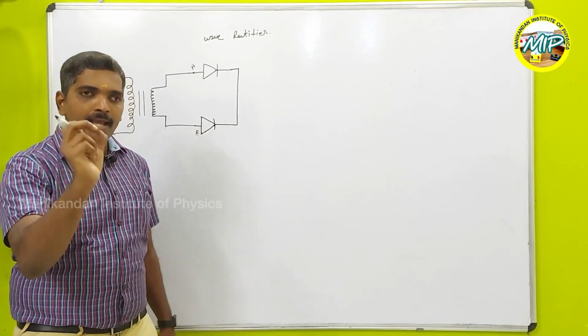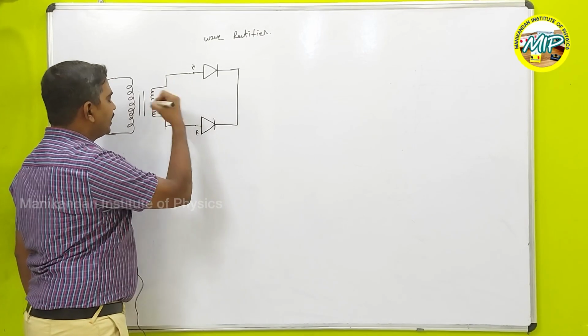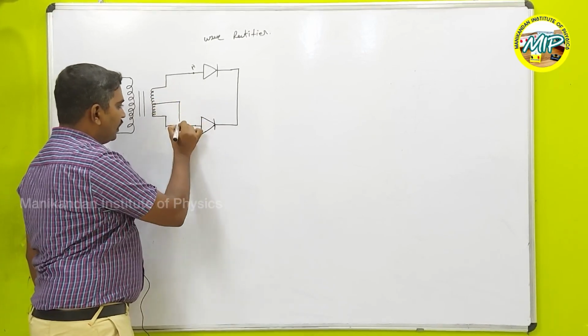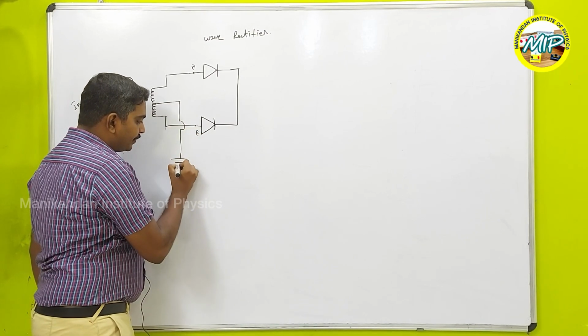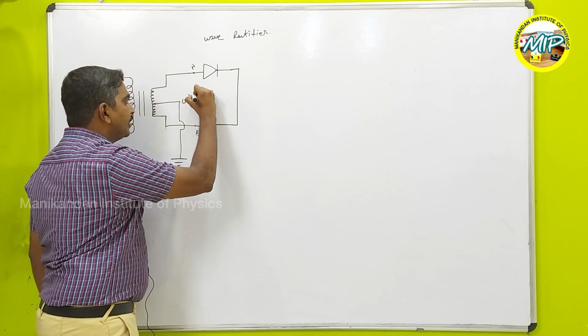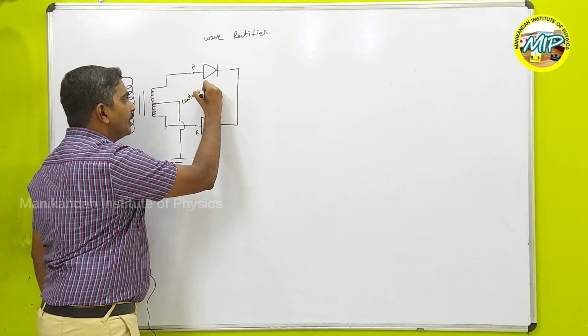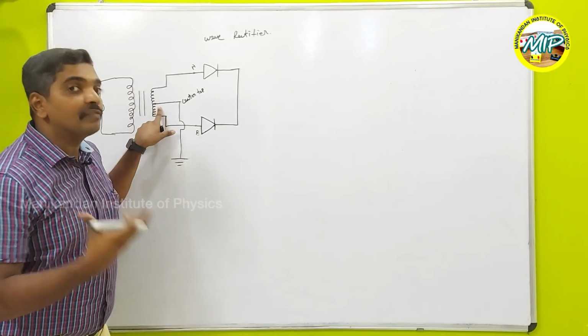So we are going to take a wire from the center of the secondary of the transformer and connect it to the ground. So this is called center tapping. Okay, so this acts as my reference point.